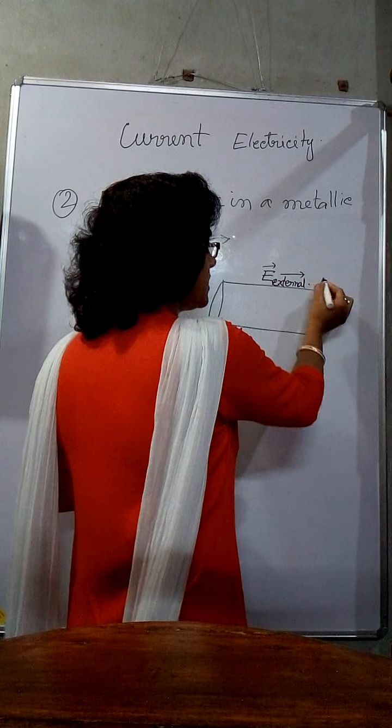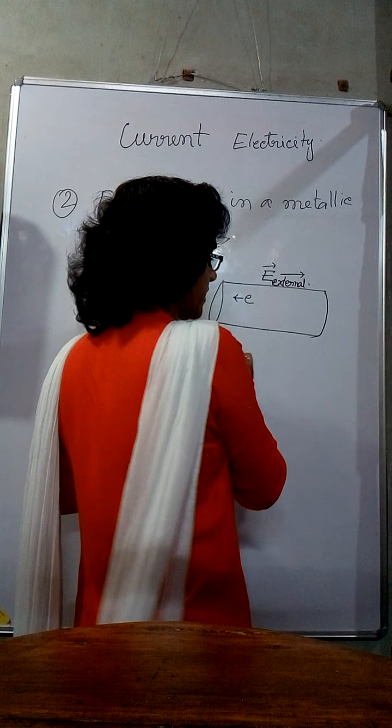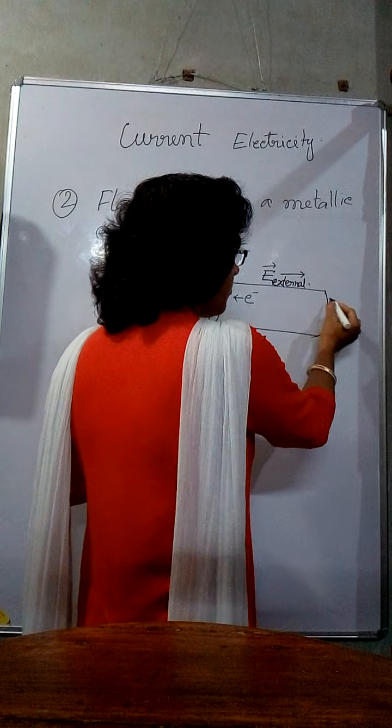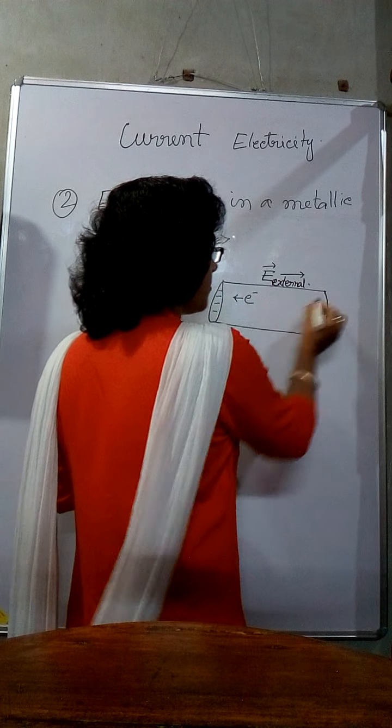The electric field's direction is that side, so electrons will move in that direction. Then this side will be all the positive charges, and that side all the negative charges will be accumulated there.